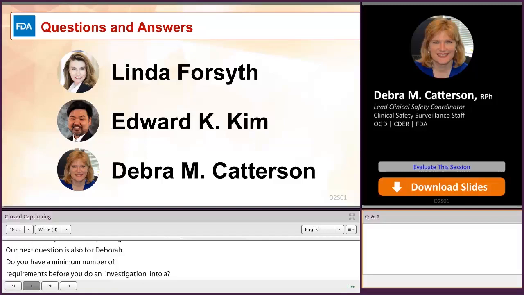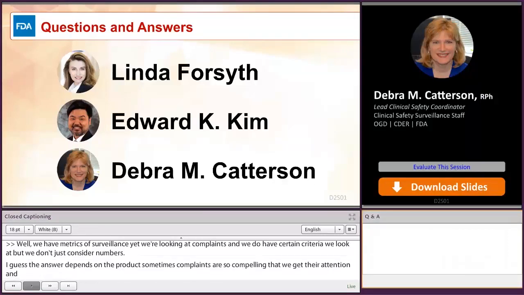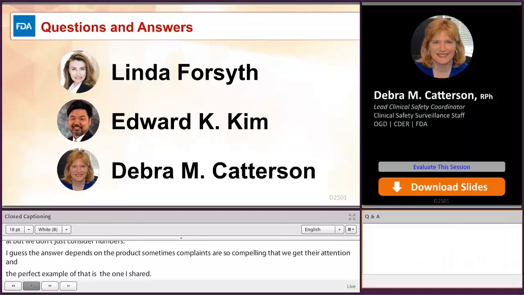Sometimes complaints are so compelling that they immediately get our attention. The perfect example is the one I shared with the lansoprazole orally disintegrating tablet product. This generic had only been on the market about 3 months, and we had only gotten 5 MedWatch complaints initially, which wouldn't necessarily get your attention if it's just 5.